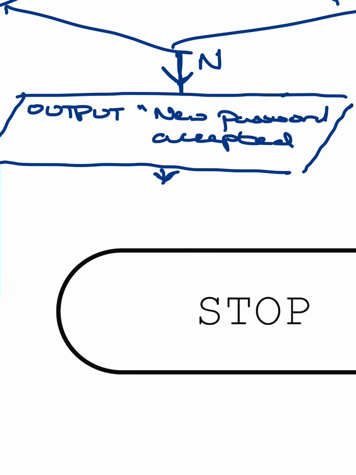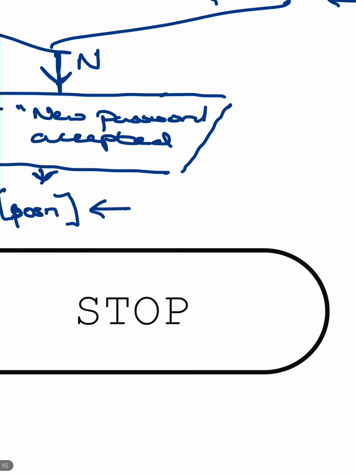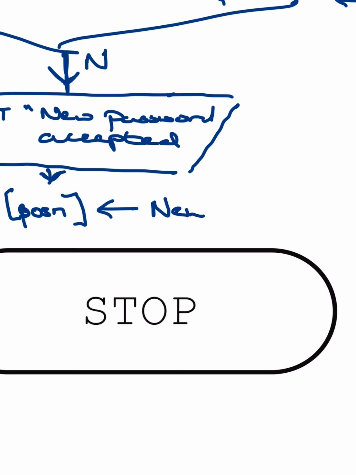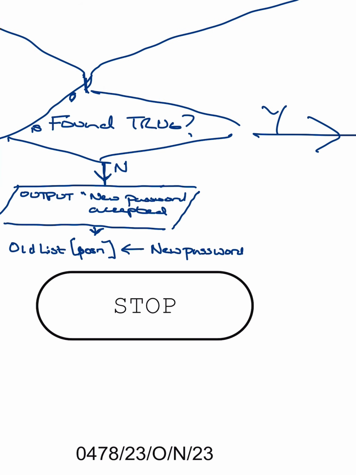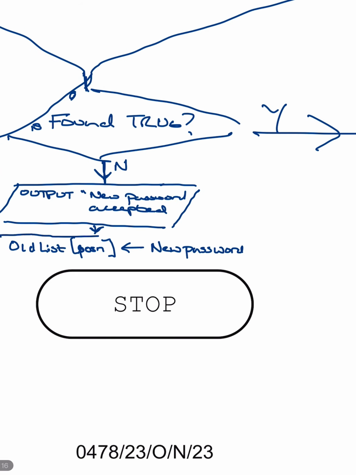And this is old list POSN, and that is updated to the new password. Okay, and this is an action, so we stick it in a rectangle.